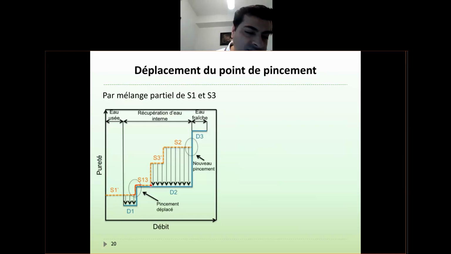So you make a kind of step here. By doing so, you can shift the D3, the demanding composite curve, to the left a little bit. By doing so, this zone where you require more fresh water will be less.